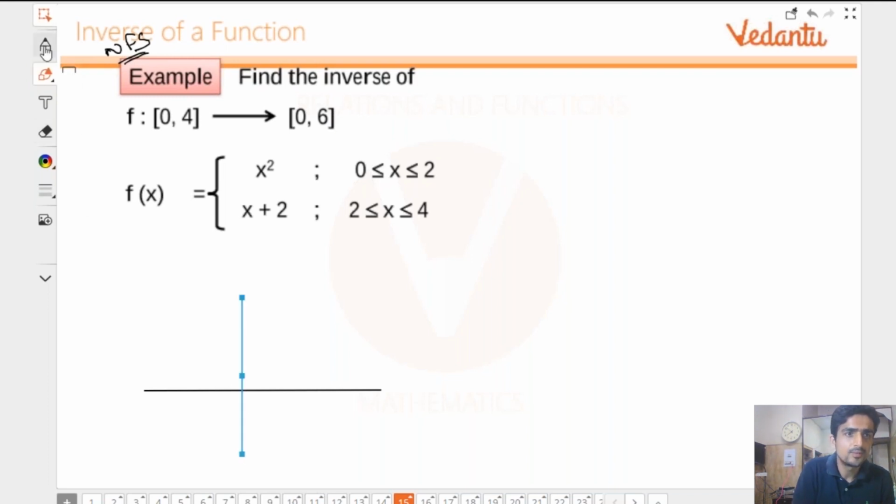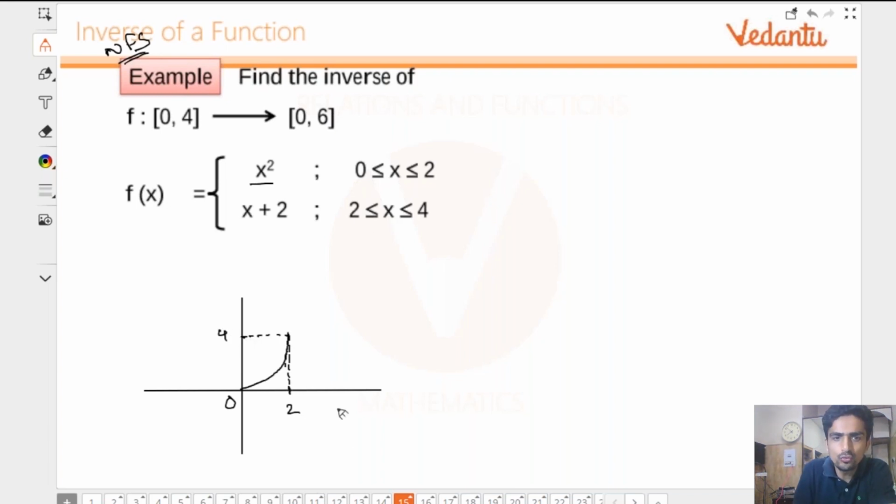Listen, guys. From 0 to 2, my f of x is x square, and x square looks like this. So at 2, the value is 4.